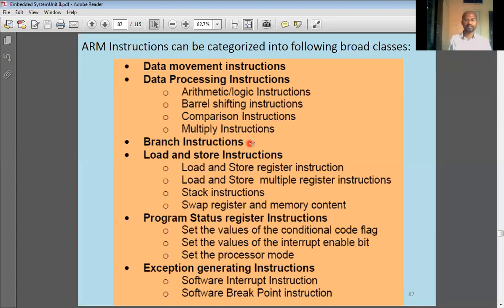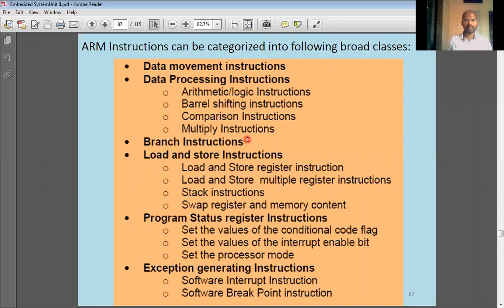Next, branch instructions. Branch means normally we call a function, then execution goes to that particular function. Like that, branch instructions are like jump instructions.